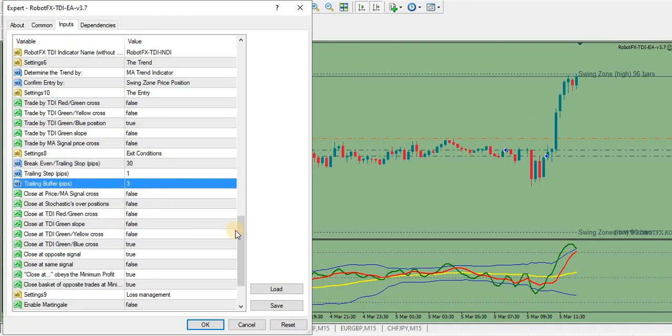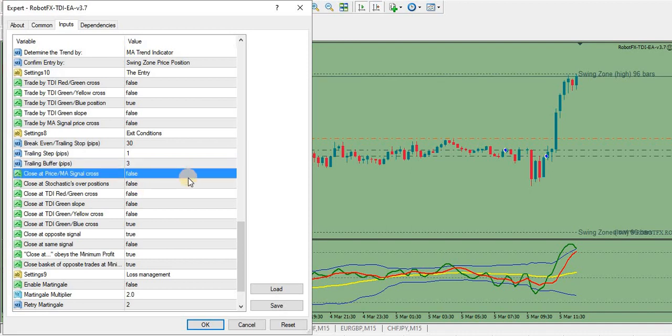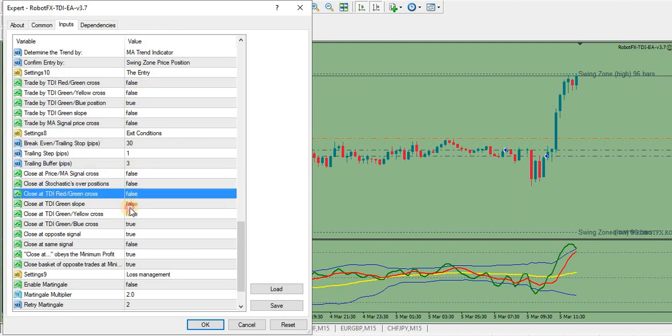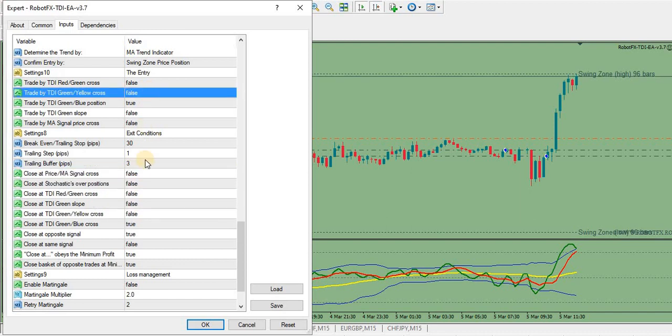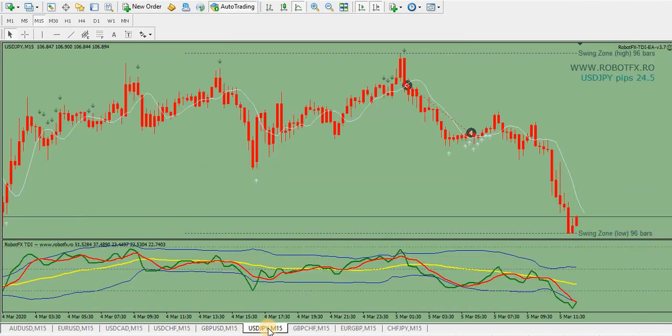And there's also a trailing buffer that you probably don't use, and the signal exits. We have the options, and some of these are relative to the entry options, the exits. Close the trade when the price and the moving average signal cross. I showed you in, where was that?